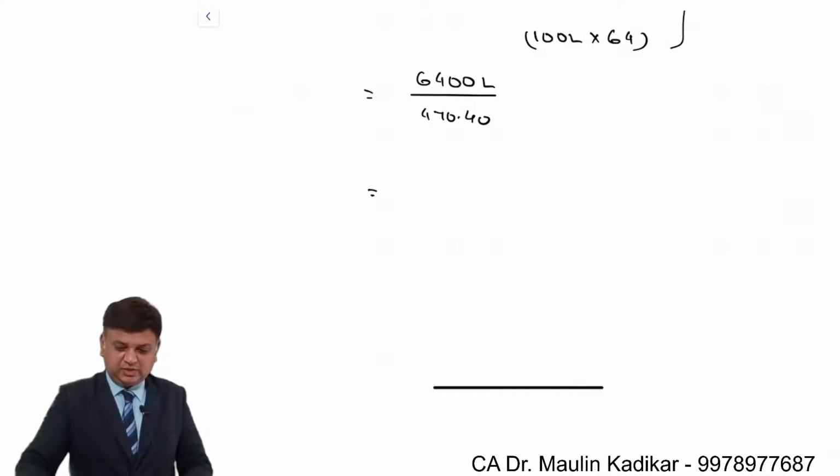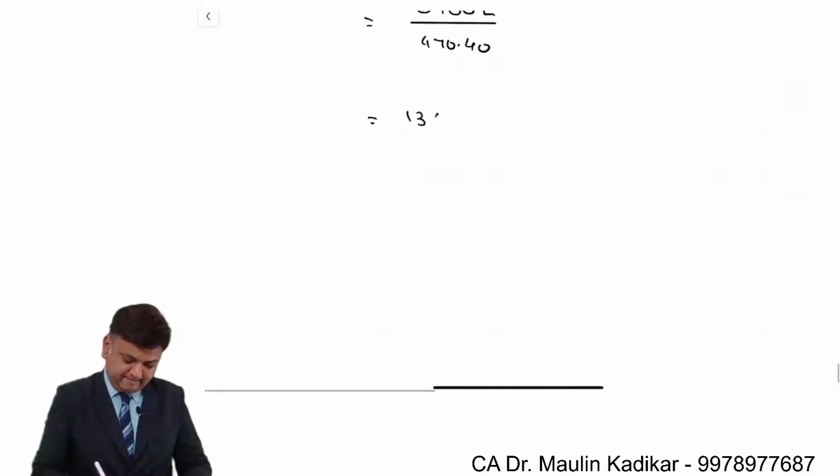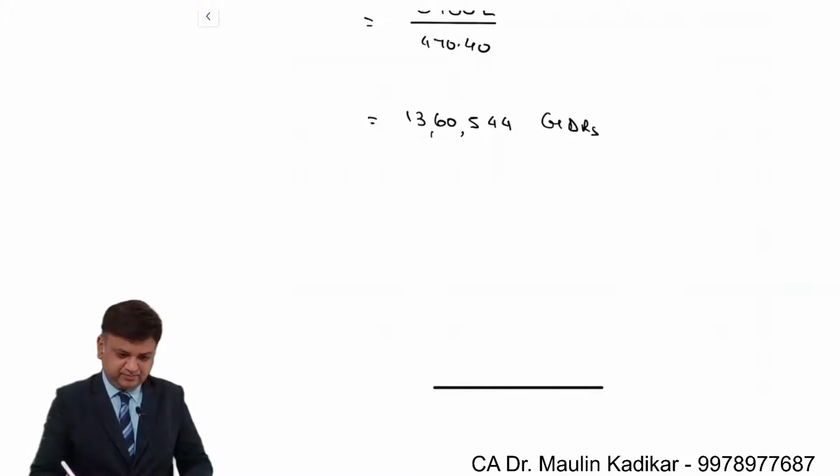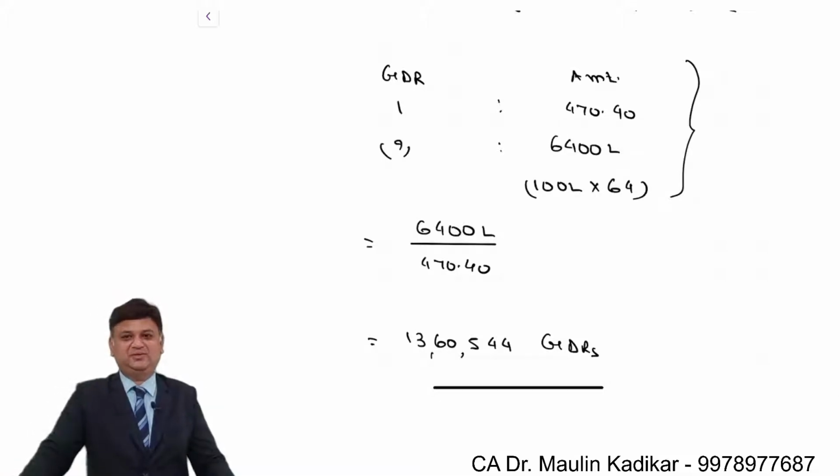So 6,400 lakhs divided by 470.4 comes to 1360,544 GDRs. This is the number of GDRs which are required to be issued.